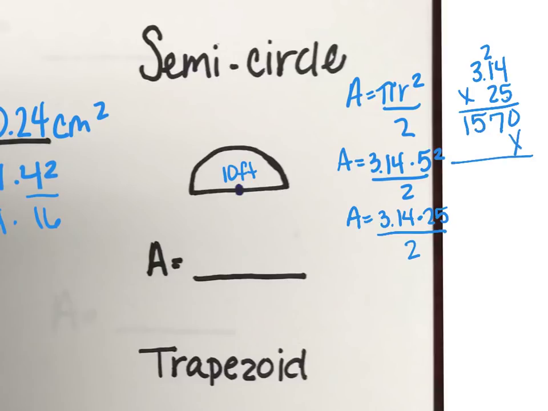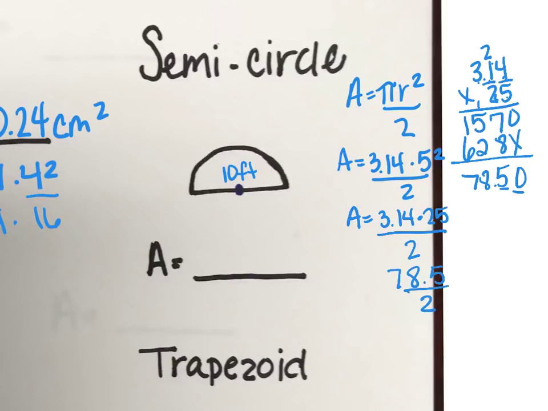Marker spot, 2 times 4 is 8, 2 times 1 is 2, 2 times 3 is 6, 0, 15, 8, 7, and we have 1, 2, 1, 2, so 78.5.